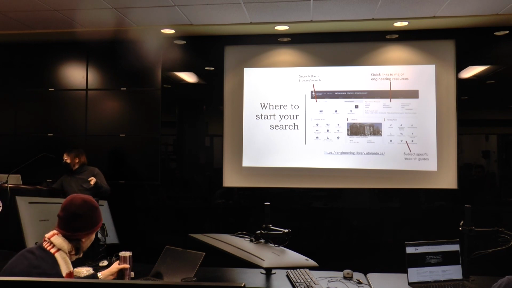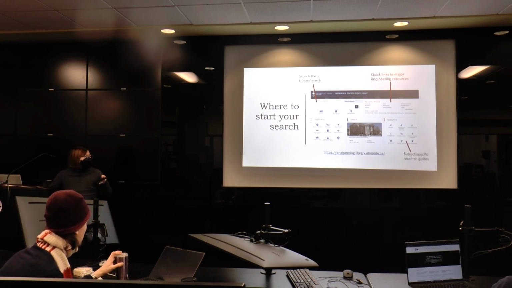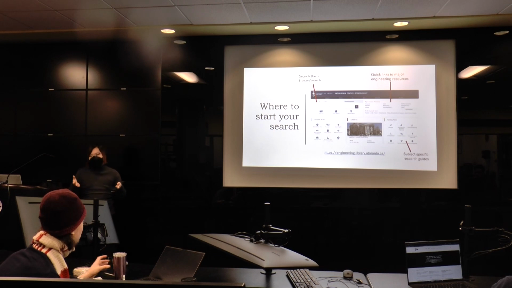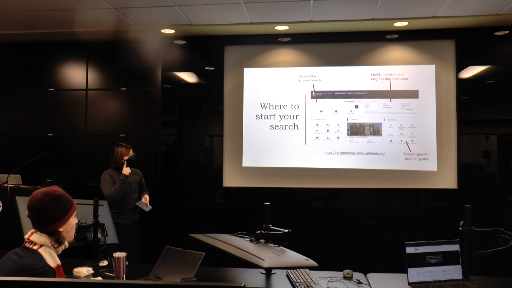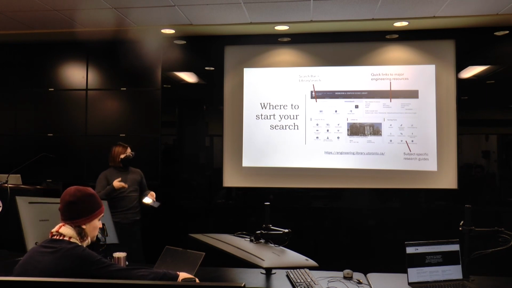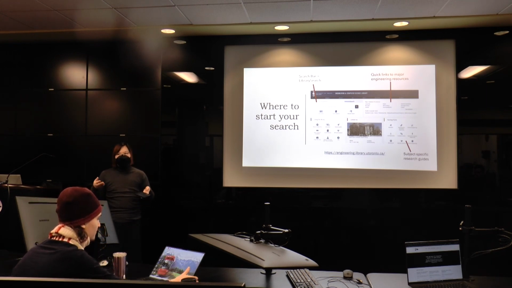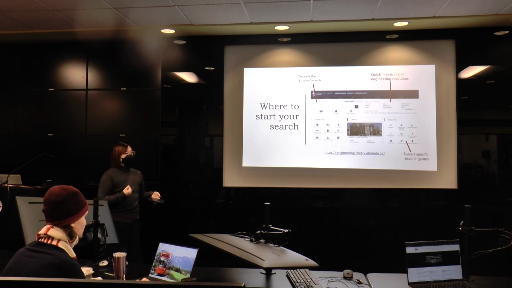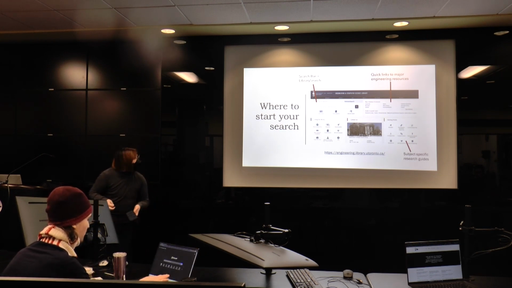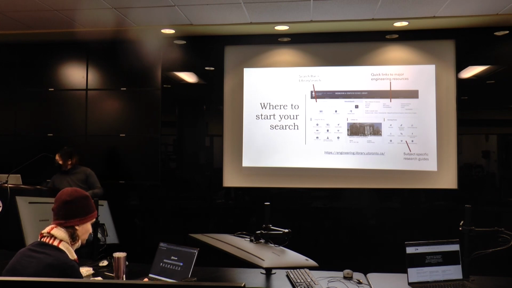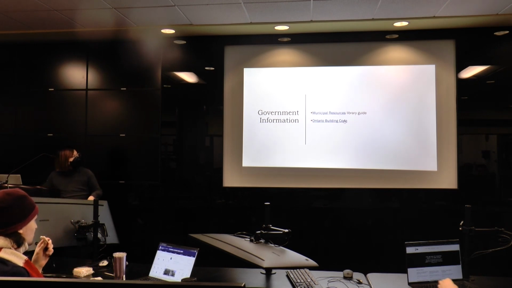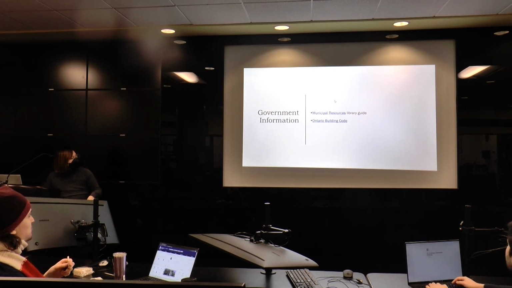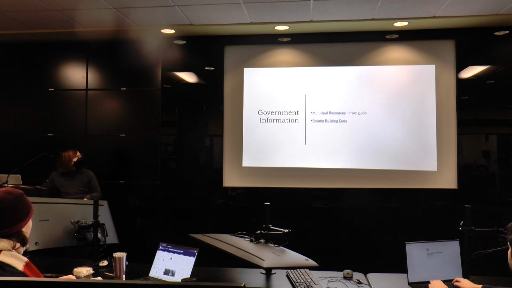And we've also put together subject-specific guides, so that depending on which field of engineering you're part of, you can use one of the guides as a sort of starting point and to learn more about where you can find more information on your topics. Here's where you can find government information. Again, we have a municipal resources library guide, and the Ontario Building Code is just available online for everyone to look at.